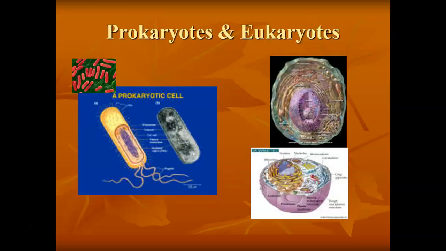So if I look at the differences, you've got prokaryotes over here, so they've got that DNA kind of hanging out in the middle, but not really much else going on. Jump over here and take a look at those eukaryotic cells, and there's so much more internal structure going on. They've got the nucleus, the Golgi, the endoplasmic reticulum, and so on and so forth.